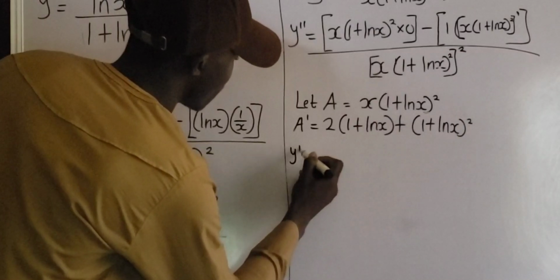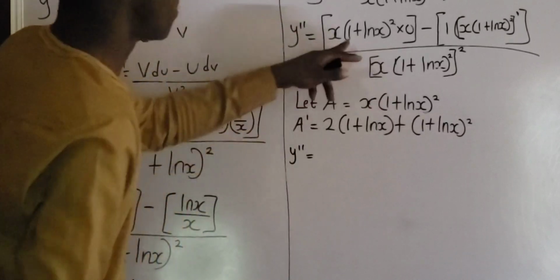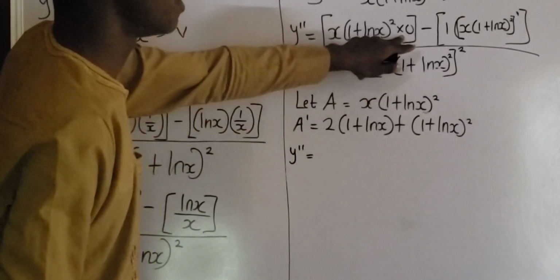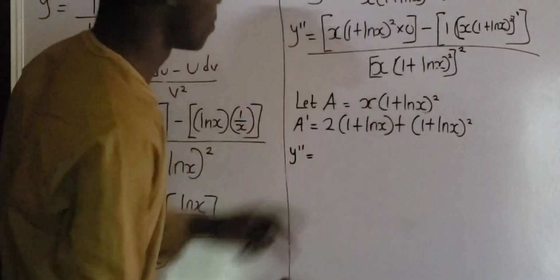The second derivative of y is equal to, if you multiply this by 0, this will be 0. Let's move to the second aspect.